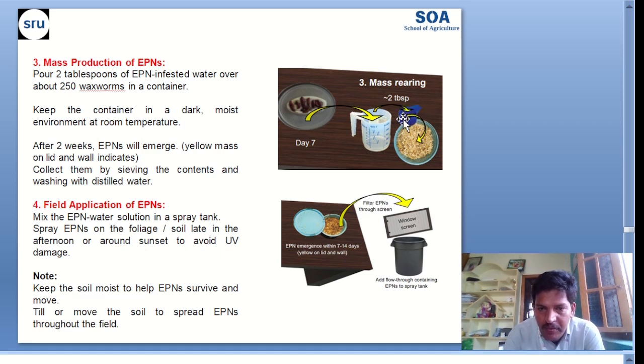Keep this container in a dark, moist environment at room temperature. After 2 weeks, EPN will emerge. Yellow moss on the lid and wall of the container will indicate the emergence of entomopathogenic nematodes.